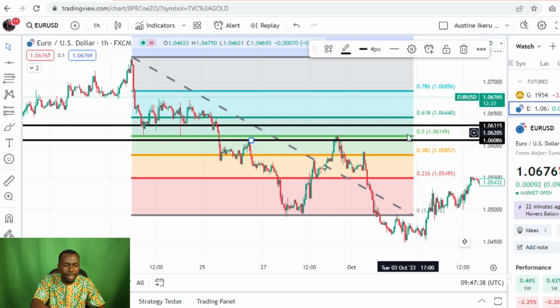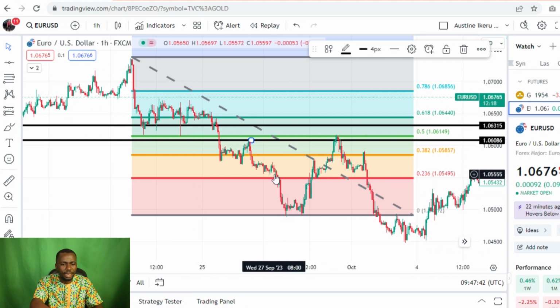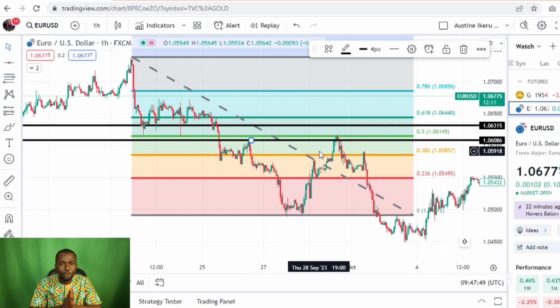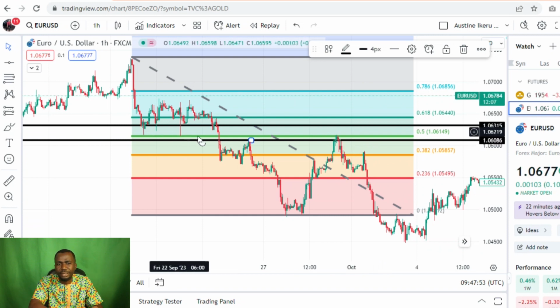So you can clearly see that with this setup, you have a higher confirmation that the price will definitely go in your direction. So this is how simple you trade using the Fibonacci retracement tool and support and resistance levels.